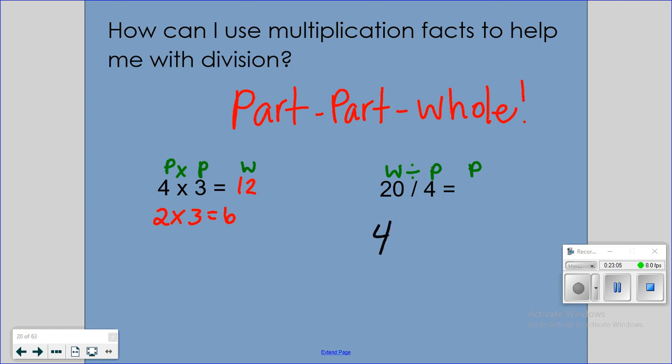I'm multiplying now, so my symbol changes. My other part is missing. It's just a box. Go ahead and put a box there. That's going to be my number saver. I know a number goes there, I just don't know what number that is yet. 4 times something equals, what's my whole?